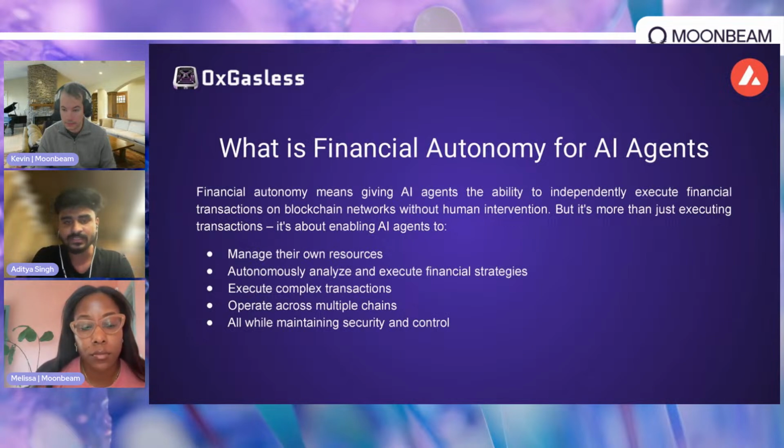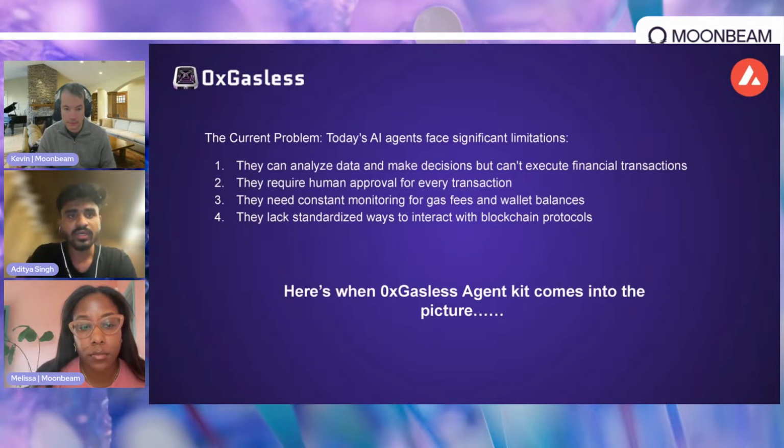So currently, I have addressed all the current problems, and here are some of them. They can analyze data and make decisions, but can't execute financial transactions. As I told you, traditional AI agents don't have the capability of doing financial transactions autonomously, so they require human approval for every transaction. Sometimes arbitrage opportunities occur for only a few minutes, and while doing those transactions, they require human approval.